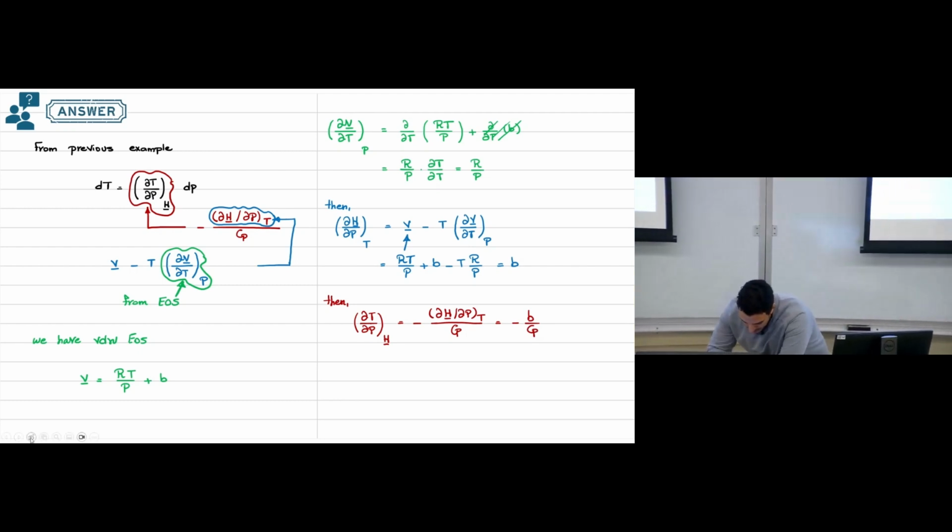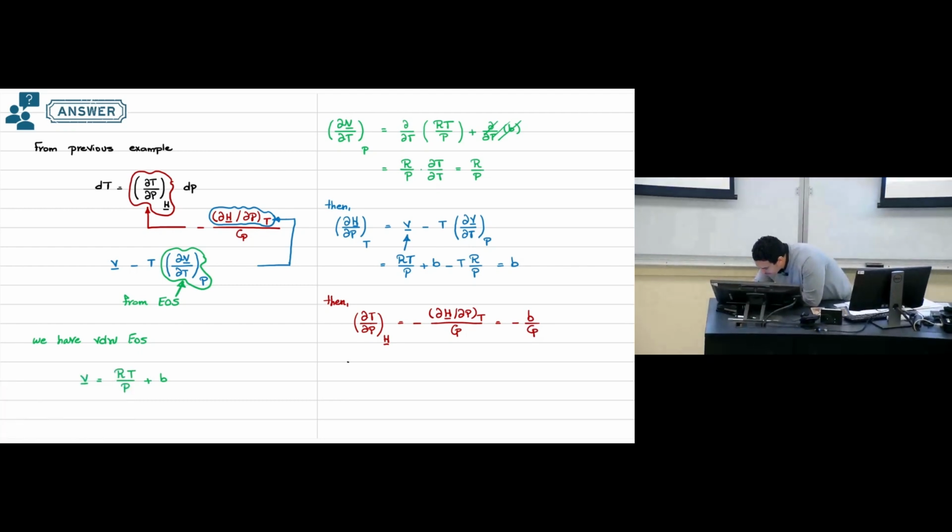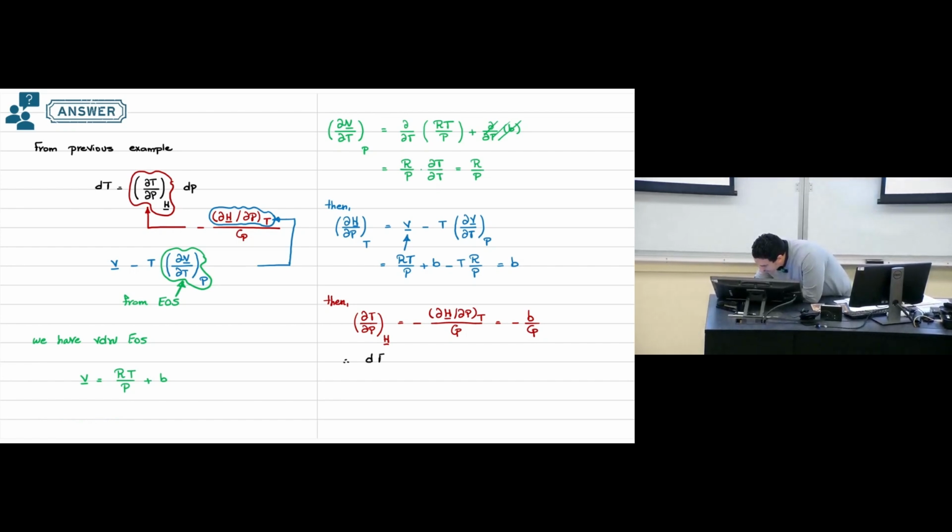Then substitute in the dT equation: dT itself, dT by dP at constant enthalpy dP, will be negative B over Cp dP.